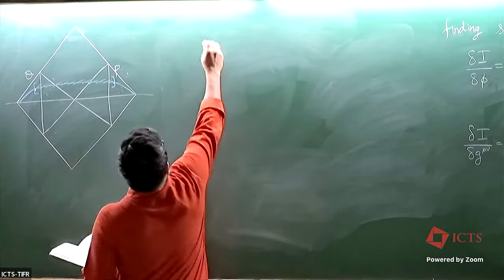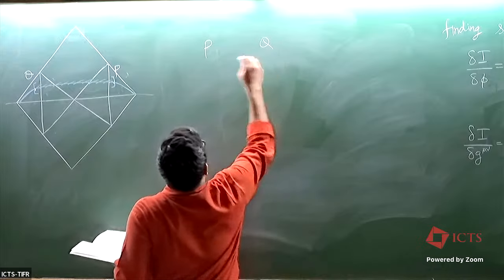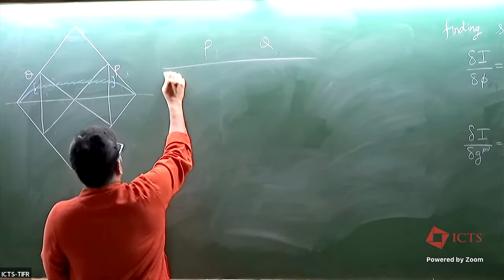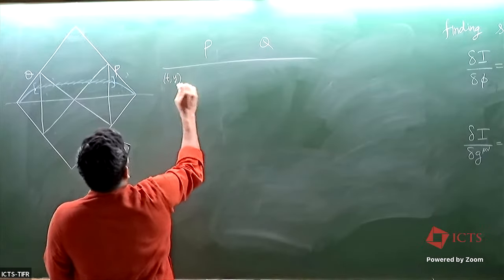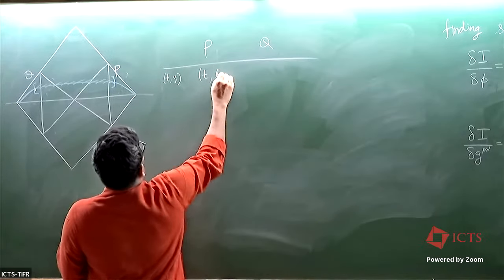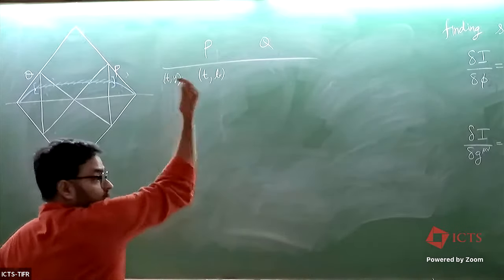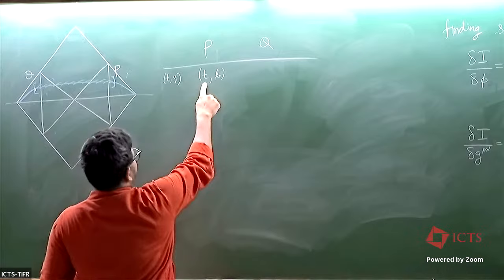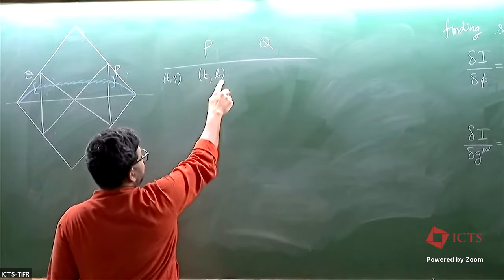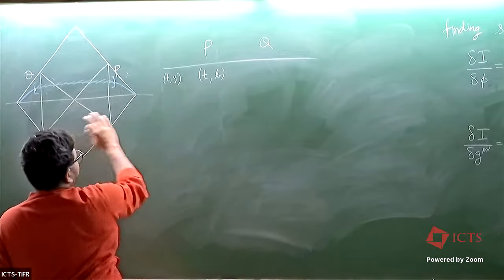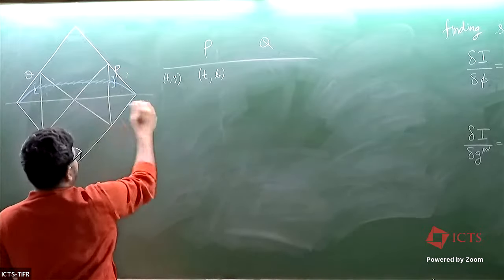So the name of the game is just to write the coordinates of P and Q and just use the old formula. So there's some t comma y coordinate. So this is t comma b, right? So we are moving that point P on this hyperbolic trajectory. We are increasing the Schwarzschild time t or the Rindler time t, keeping b fixed. And Q I will not write because Q is on the other side. So the t comma y coordinates were only defined here.